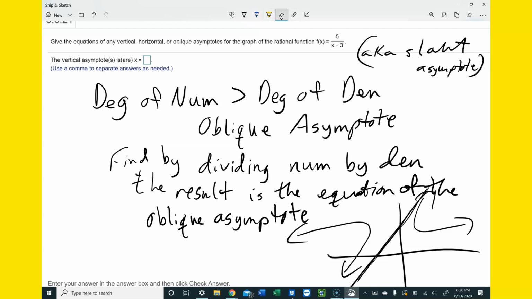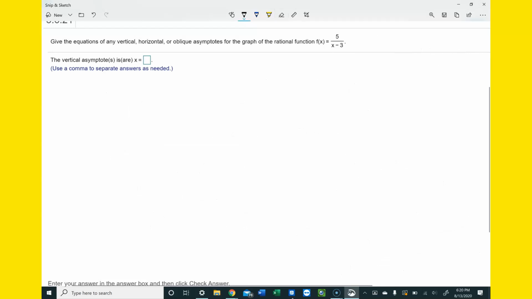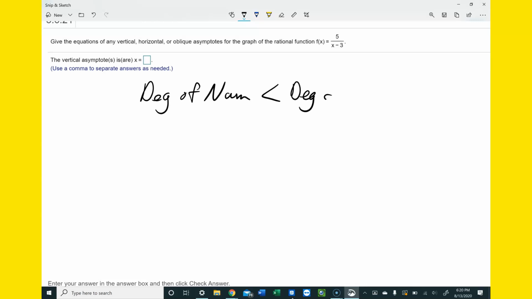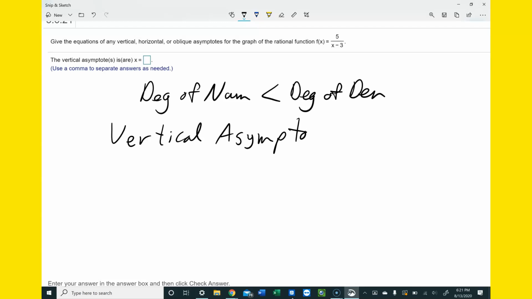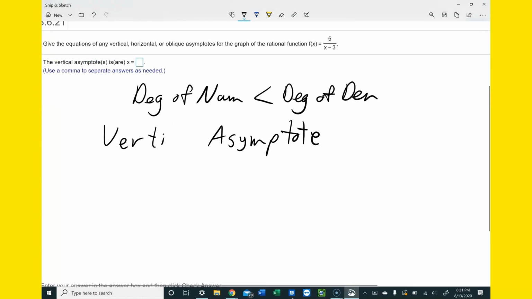All right, let's talk about these other asymptotes. You get a horizontal asymptote. So let's say this, if the degree of the numerator is less than the degree of the denominator, then you will have a vertical asymptote. I apologize, I said that wrong. Let me back that up.